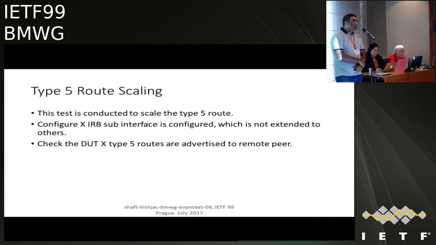My point is a type 5 or a type 2 contains an IPv4 prefix. Correct. Yes. You're testing to see how many of these prefixes you can store on a DUT. That's correct. So in many ways, why is type 5 different from type 2, from IPv4, from VPNv4? What essentially are you going for here?